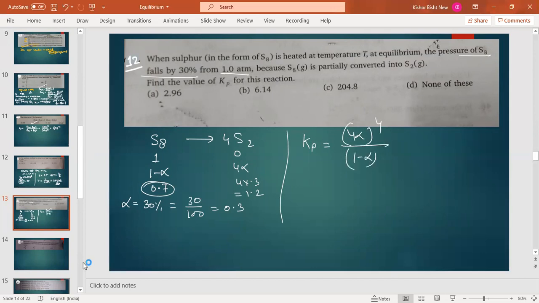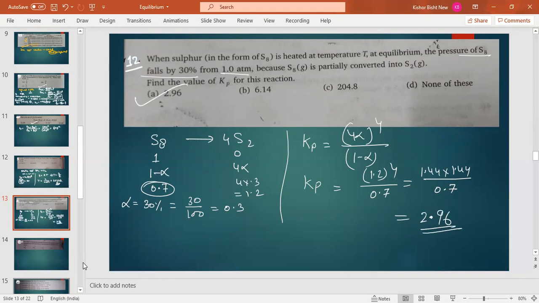So Kp is equal to 1.2 to the power 4 upon 0.7. 1.44 into 1.44 upon 0.7. We will get approximately 2.96. Your answer is A.